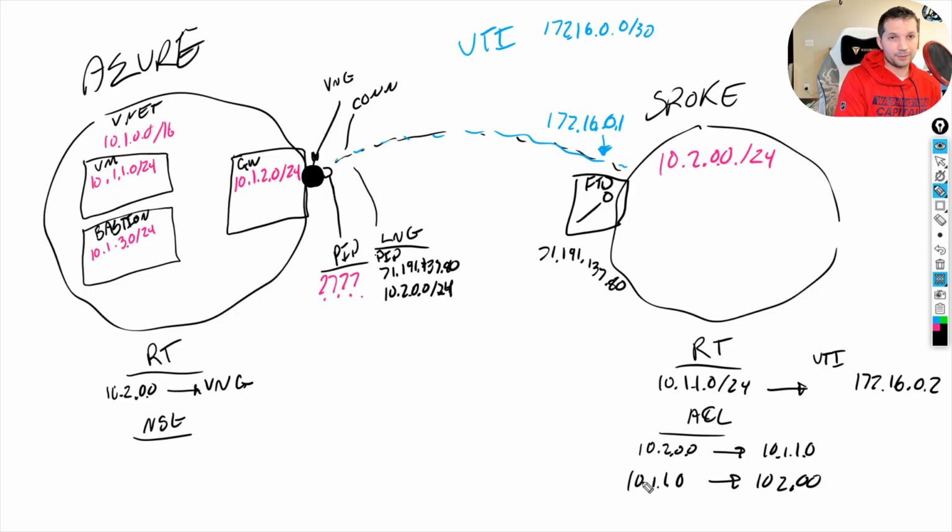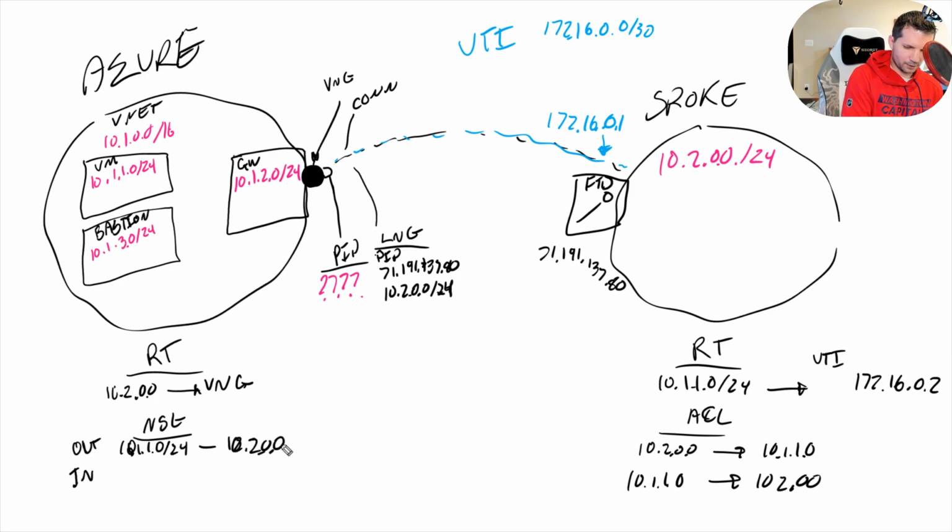Same thing is going to happen on the network security group side. You're going to define an outbound rule though. Instead of them all being collapsed together, there's an out and an in. In the outbound, you're going to say 10.1.1.0 can talk to 10.2.0.0. And inbound, you're going to reverse that.